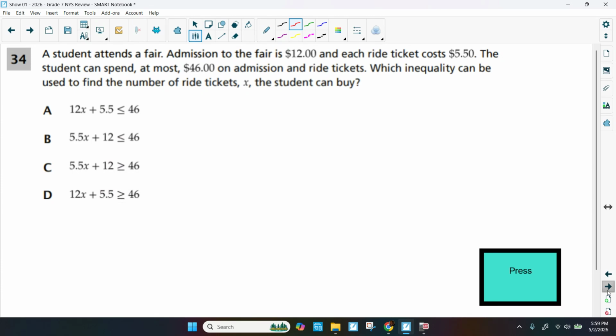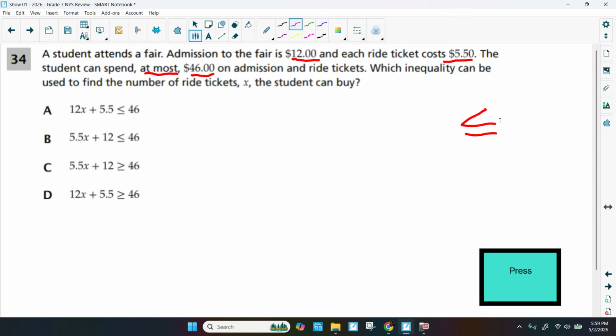A student attends a fair. Admission to the fair was $12, and each ride costs $5.50. The student can spend at most $46, which is interesting because you can't spend more than you have. So you can spend up to $46, or you can spend less than that.